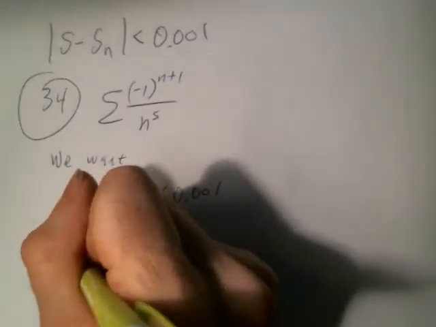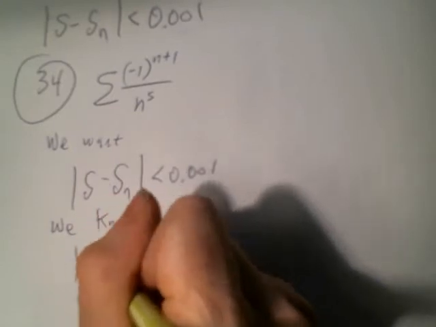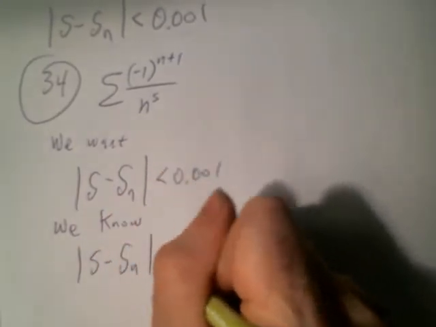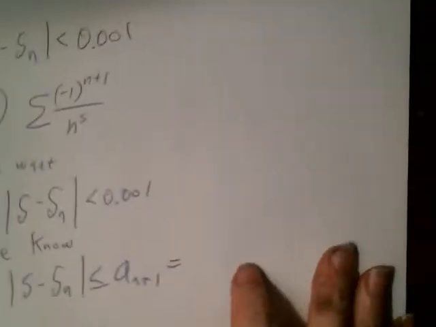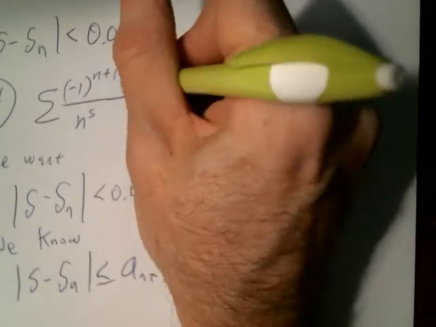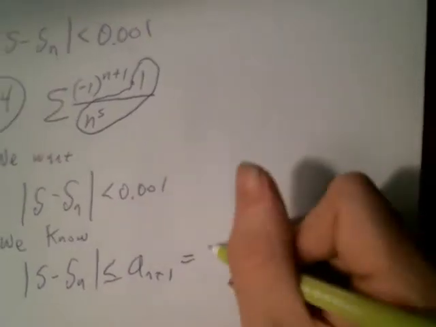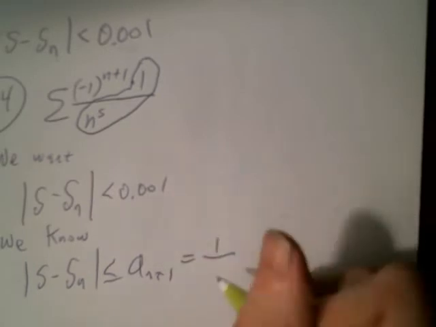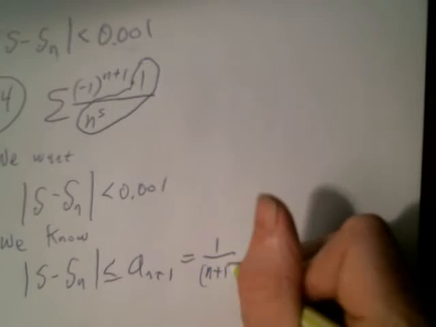We know from our theorem that s minus s sub n will be less than or equal to a sub n plus 1. So I look at a sub n, which is 1 over n to the 5th. A sub n plus 1 is 1 all over n plus 1 to the 5th.